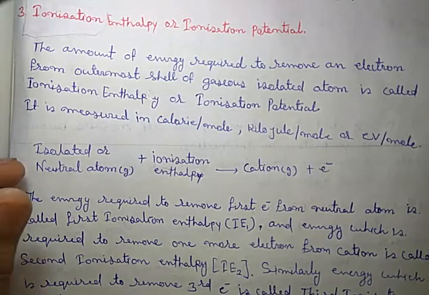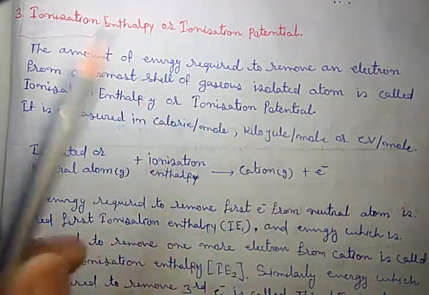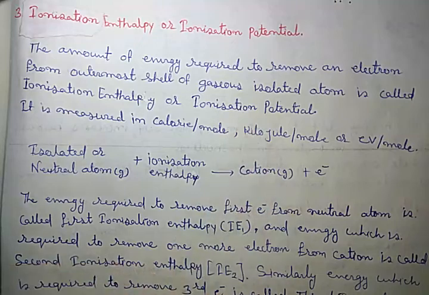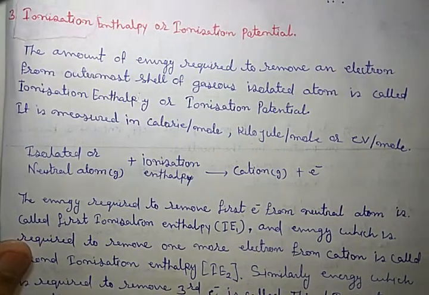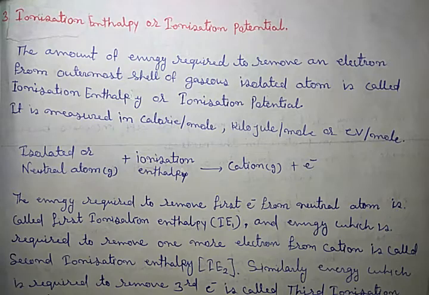Now let me discuss its definition. The amount of energy required to remove an electron from the outermost shell of a gaseous isolated atom is called ionization enthalpy or ionization potential.